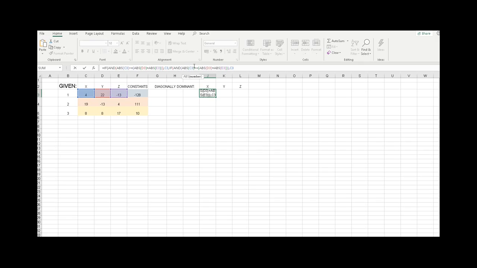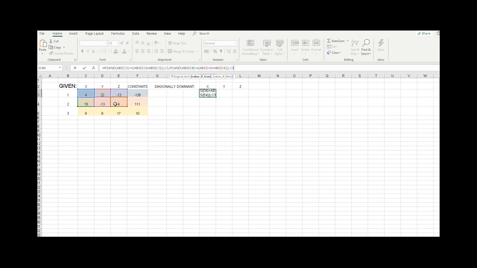So what we would compare now is the X value in C4 compared to the sum of the absolute value of D4 and E4. And now if this statement is true, then what should show here on this cell?